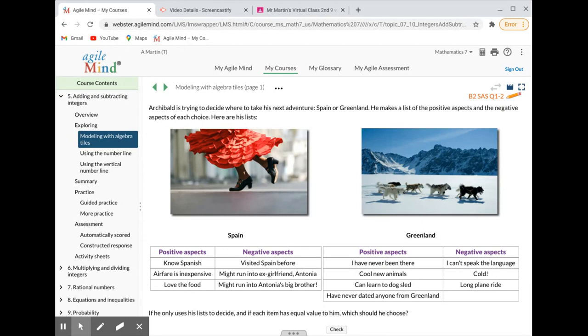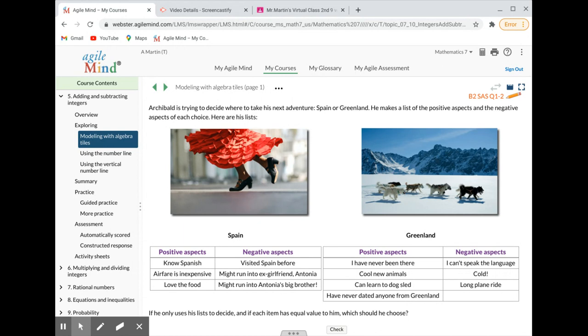So it says that Archibald's trying to decide where he wants to go. He wants to go to either Spain or Greenland. Now, he makes a list of all the positive aspects and all the negative aspects, and each item has equal value to him. So just think of it as each being worth 1 point.